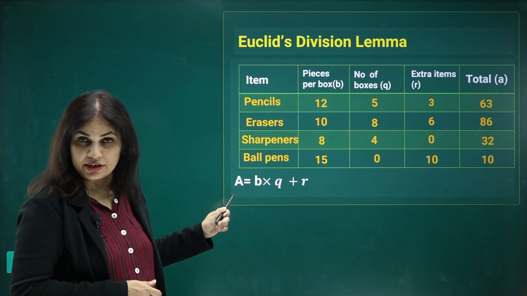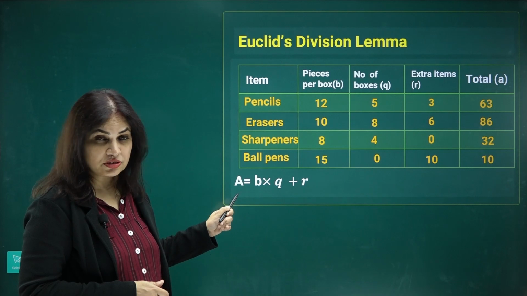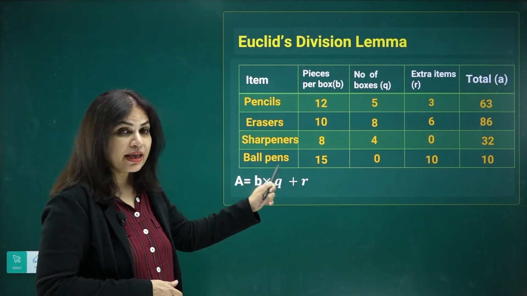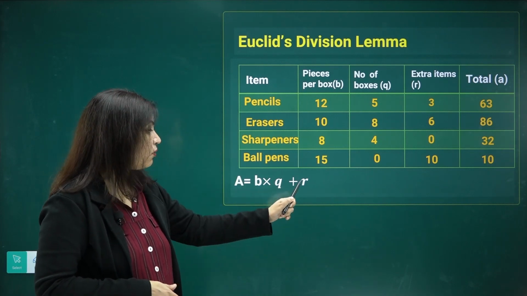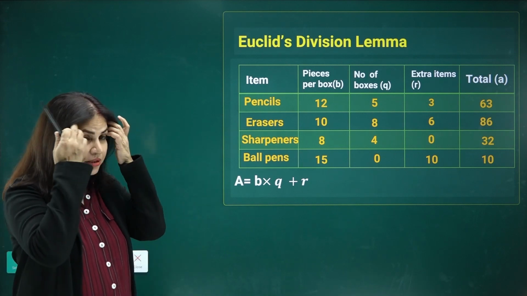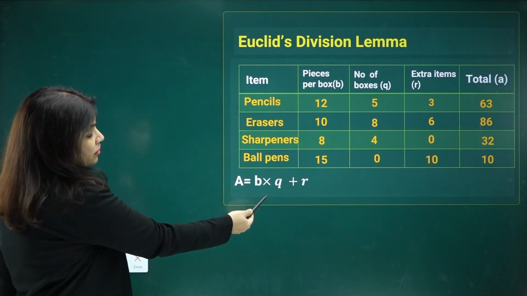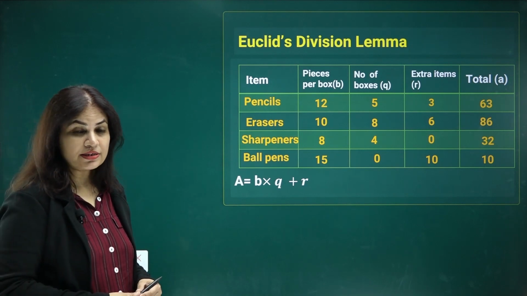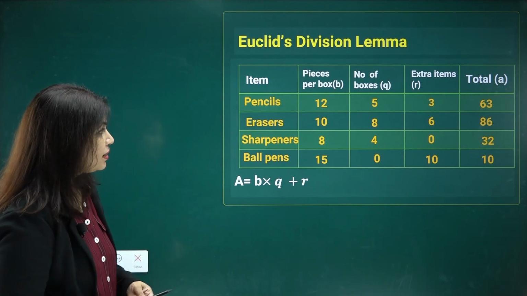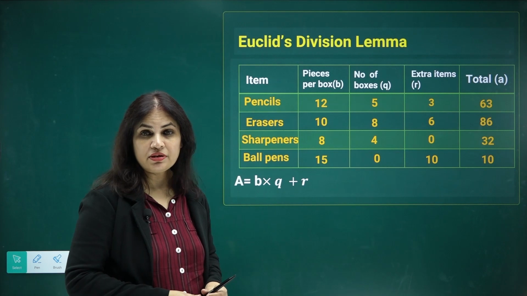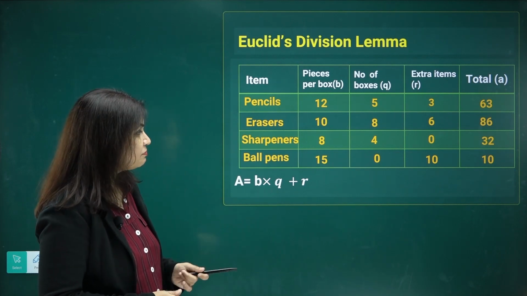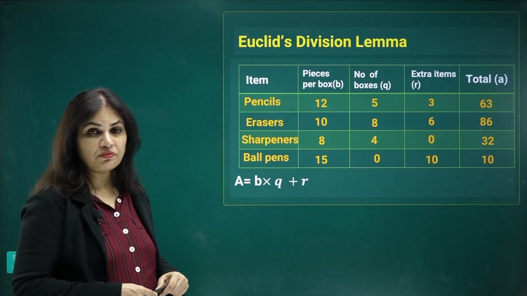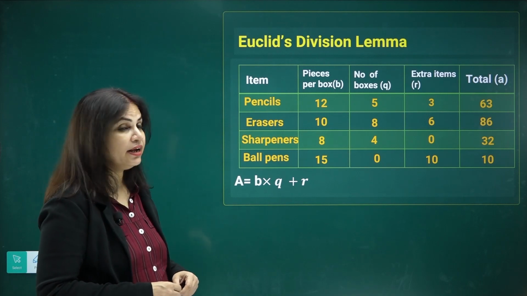And what does it state? That any positive number a can be broken up as b into q plus r, where b, as per this example, is the number of items per box, q is the number of boxes, and r is the leftover.